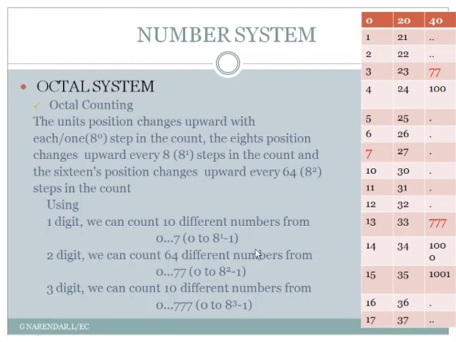So summarizing the octal number system, we have shown that the octal number system is a base 8 system. That means it contains only 8 digits from 0 to 7. And like the previously discussed number systems, it is also a position value system, and the position values are powers of 8.